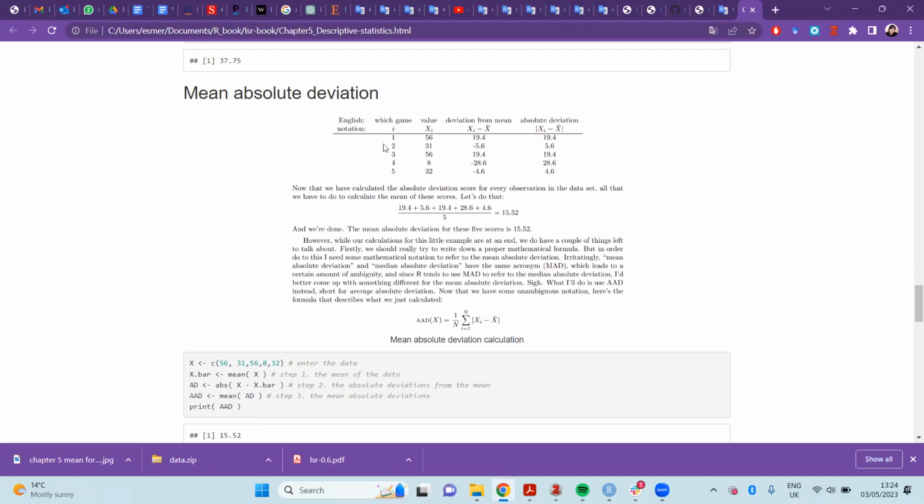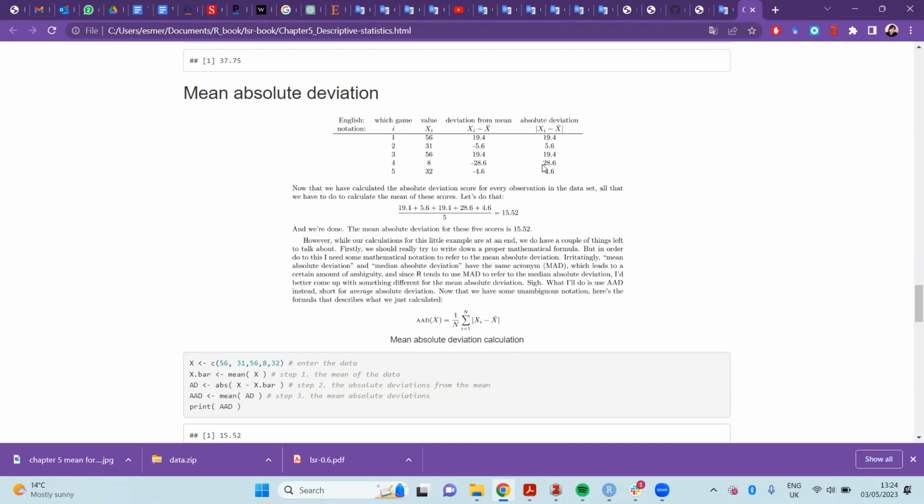To illustrate, the author is presenting a tiny data set of just 5 observations. Here we have the values, and to obtain the absolute deviation, we subtract the mean from the value and then convert them to absolute values.